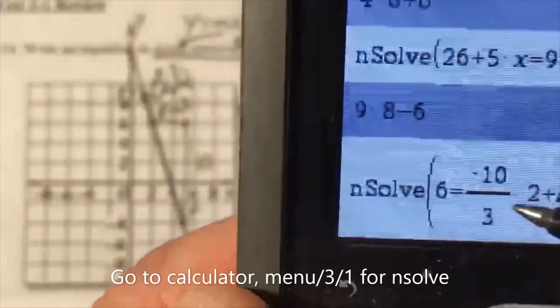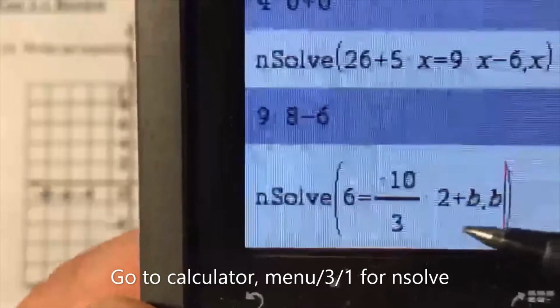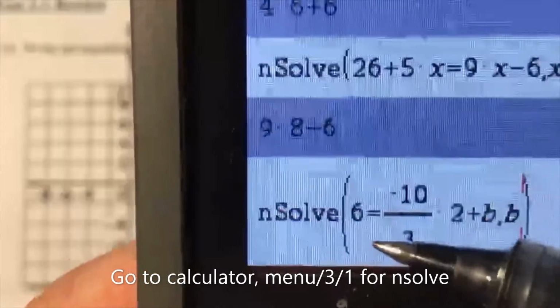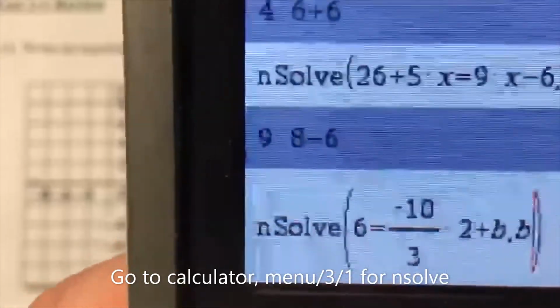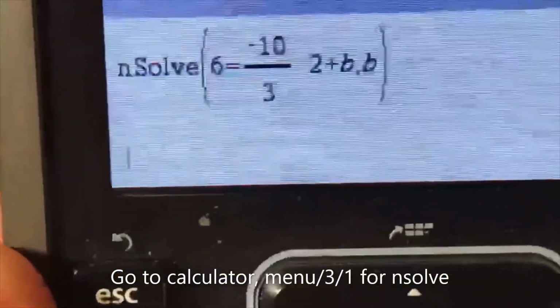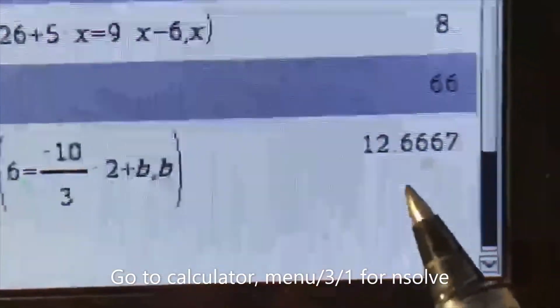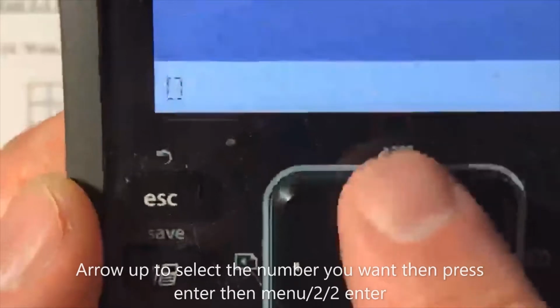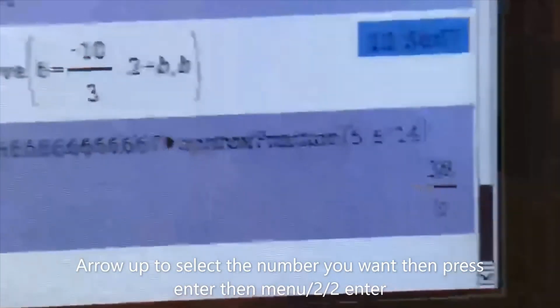Negative 10 over 3 times 2. There's my y equals mx plus b. We've got to find b, so go ahead and press enter. This is a decimal representation. I'm arrowing up, selecting that number, and I press enter.